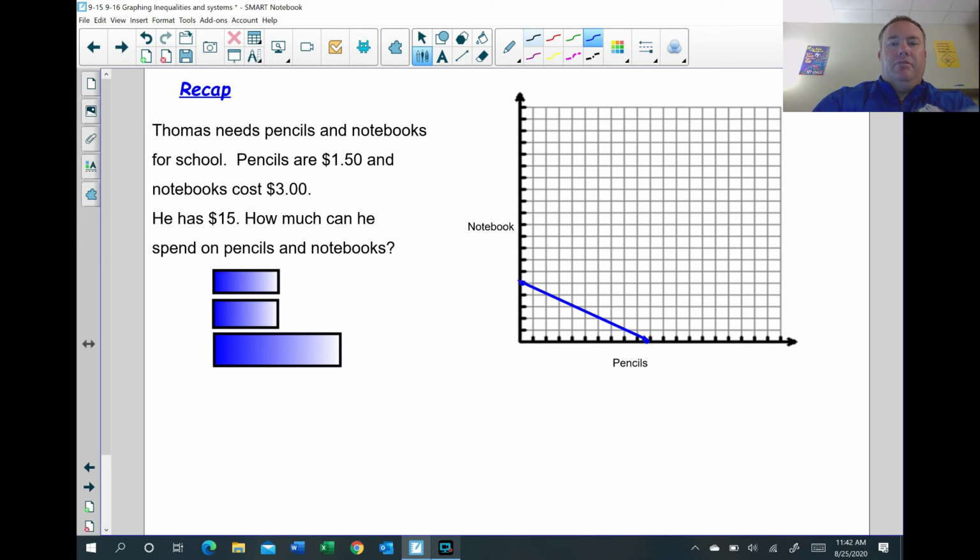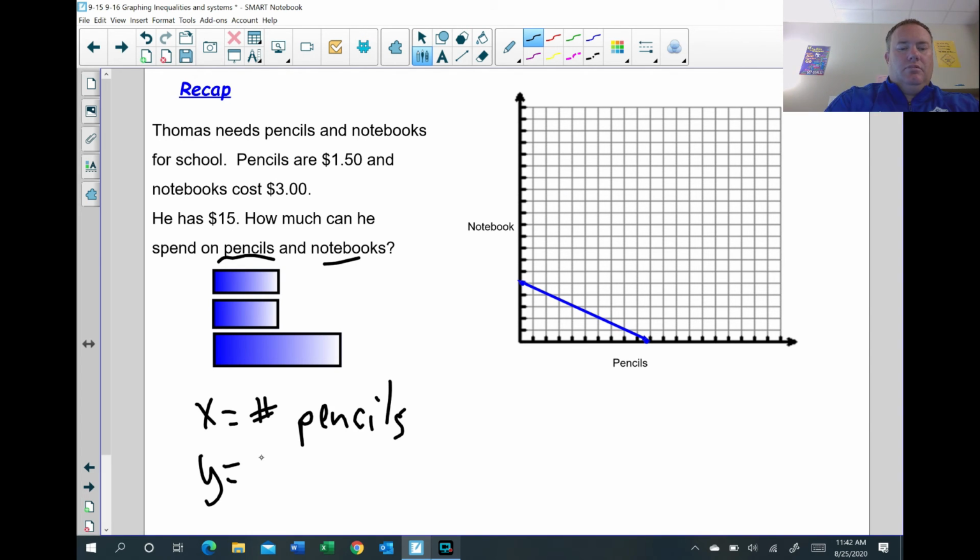Well, starting off with, as we've talked about before, anytime we do this, you need to identify your unknowns. For this problem, the two things you don't know: number of pencils, I'm going to make that x, and then y is going to be the number of notebooks.